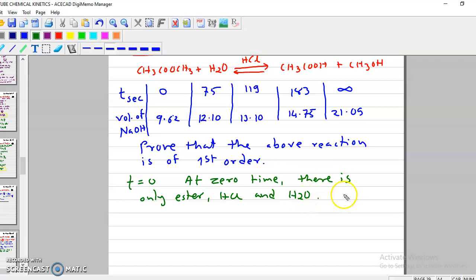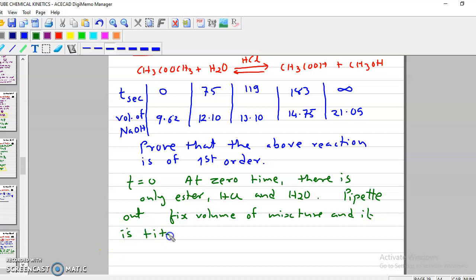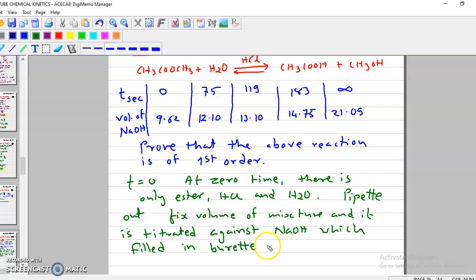Then we pipette out a fixed volume of the mixture and it is titrated against NaOH, which is filled in a burette, using phenolphthalein as an indicator.